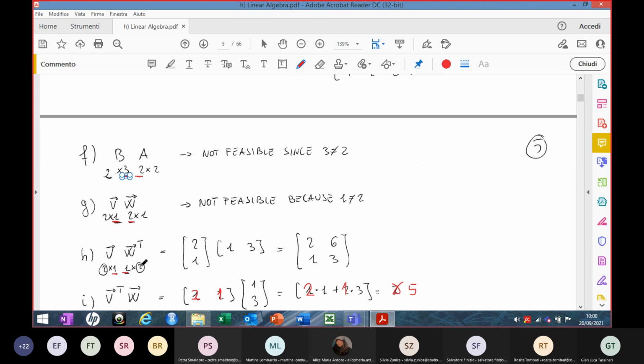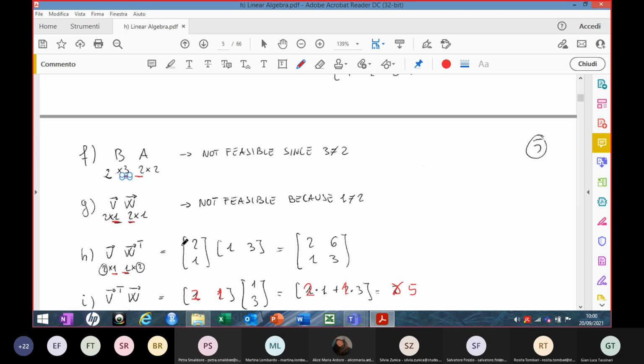So do the product with me. I wrote here V. I reported V with W transpose. W was a column vector with elements 1, 3. Its transpose is a row vector. Remember, you have to multiply the first row of this matrix by all the columns of this one.